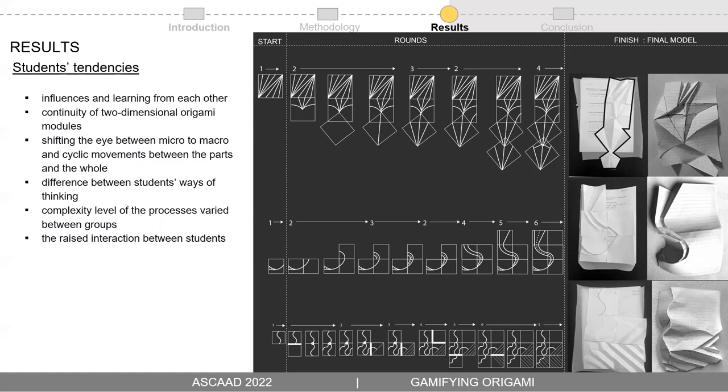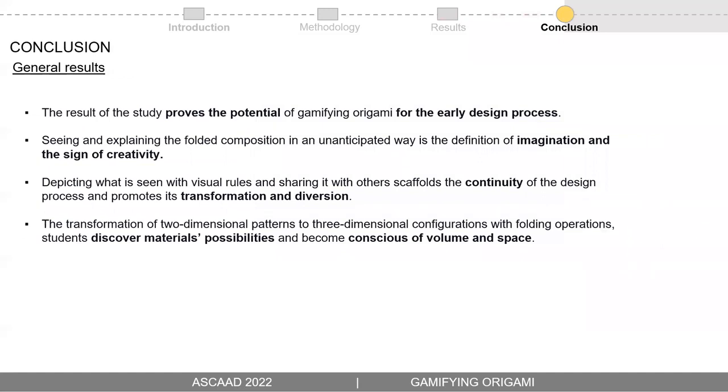The results of the study prove the potential of gamifying origami for the early design process. Folding as a means of connecting mind and hands fuels the imagination. Seeing and explaining the folded composition in an unanticipated way is the definition of imagination and the sign of creativity.